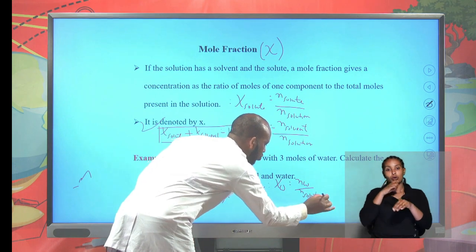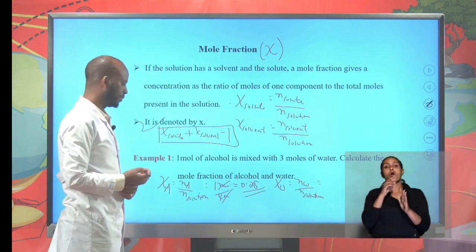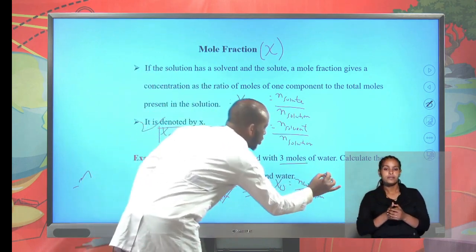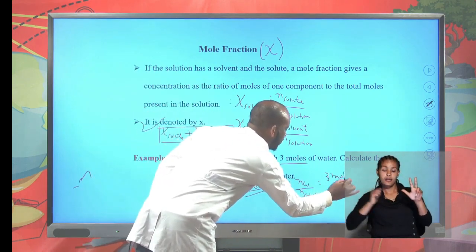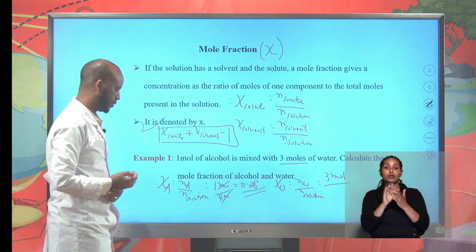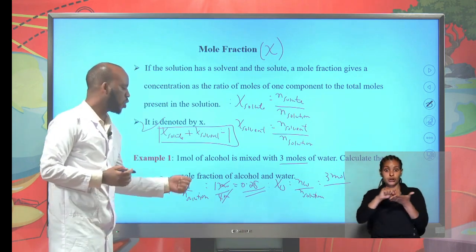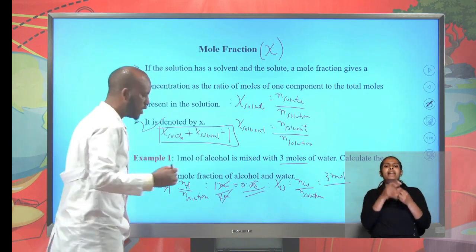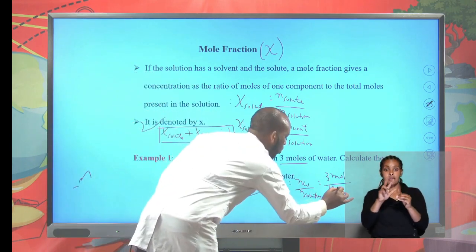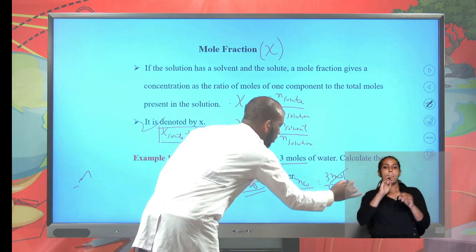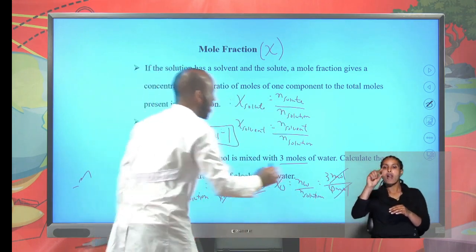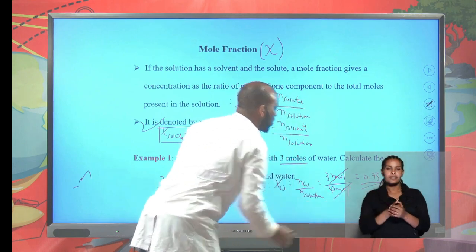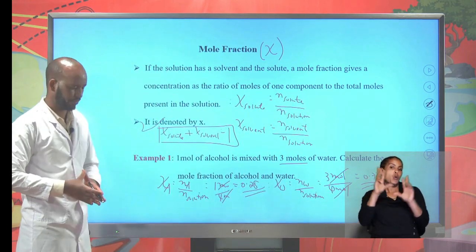Number of moles of water is 3 mole. 3 mole divided by number of moles of solution, which is number of moles of solute plus number of moles of solvent, which is 1 plus 3 is 4 mole. Mole will be cancelled by mole. 3 divided by 4 is 0.75. Mole fraction has no unit.